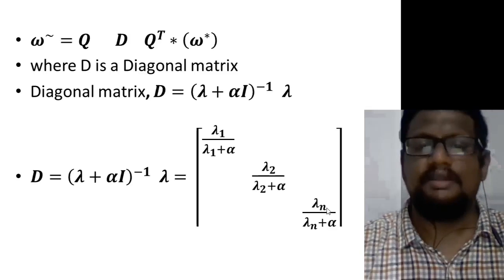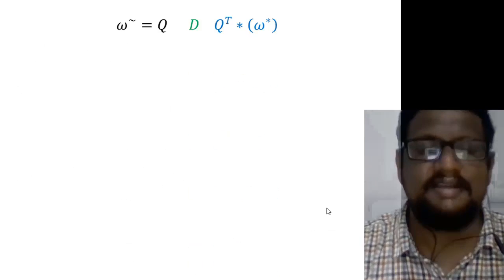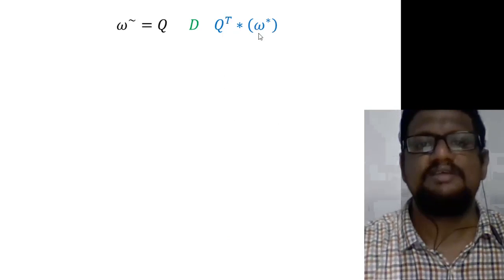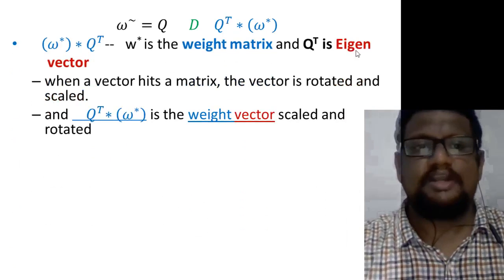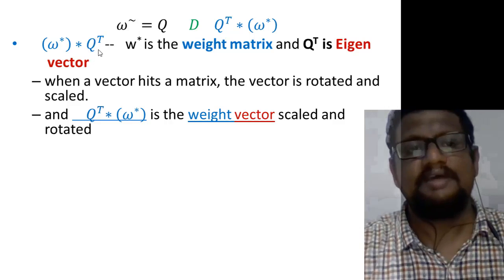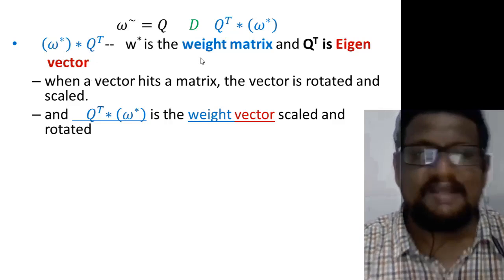As of now, leaving this diagonal matrix aside to analyze later and coming to the entire part of the derivation. Now what we are going to say is that W star is the weight matrix and Q transpose is the eigenvector matrix. Q transpose gives the significant directions of the weight vector. So when a matrix hits a vector, what happens?